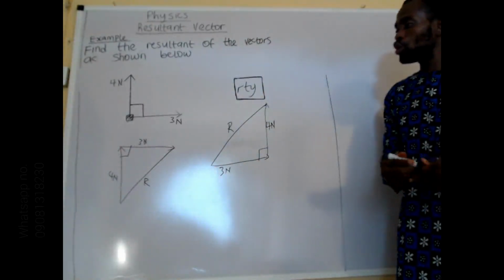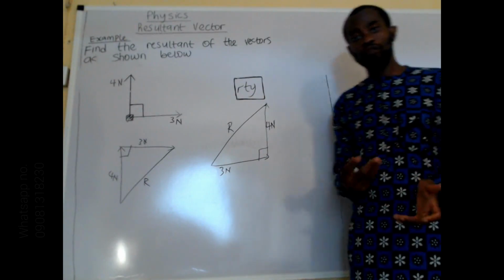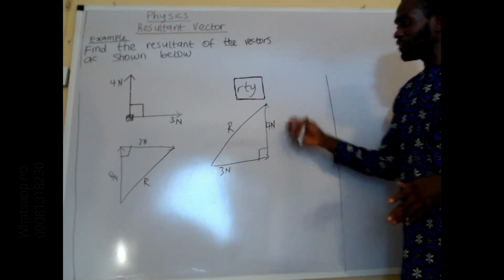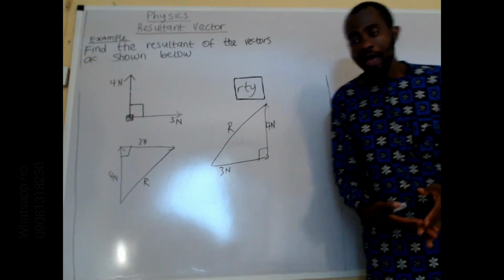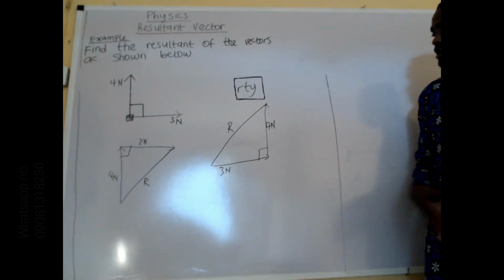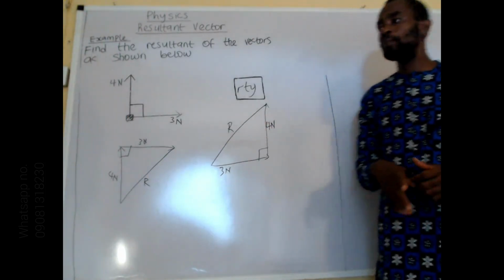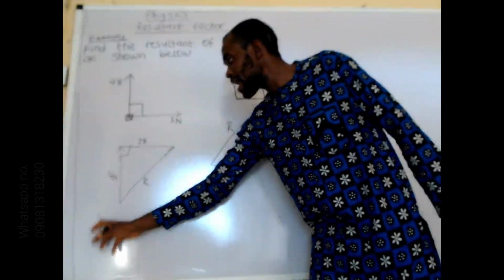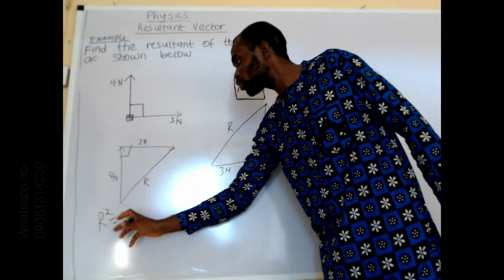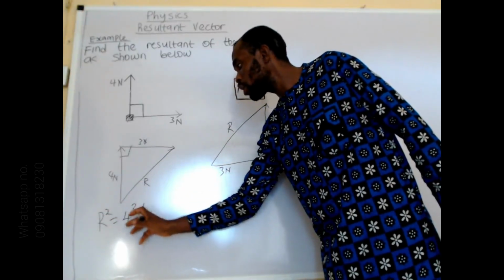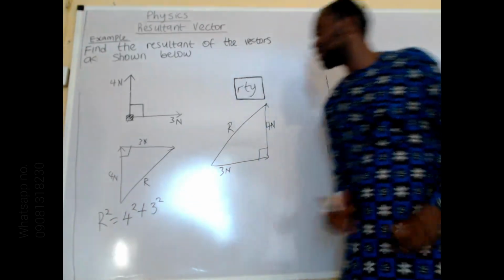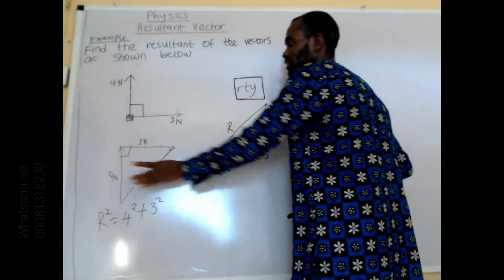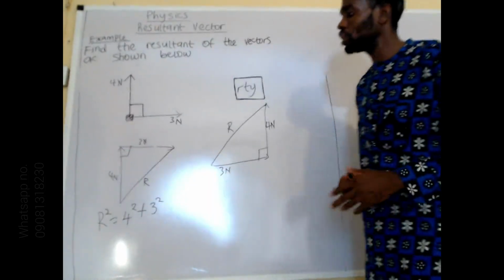A right angle triangle, and this is good for us, to help us find R. Since this is a right angle triangle, we can employ Pythagoras theorem to get R, which would then be R squared is equal to 4 squared plus 3 squared, because R is the hypotenuse side, while these are the other two sides.